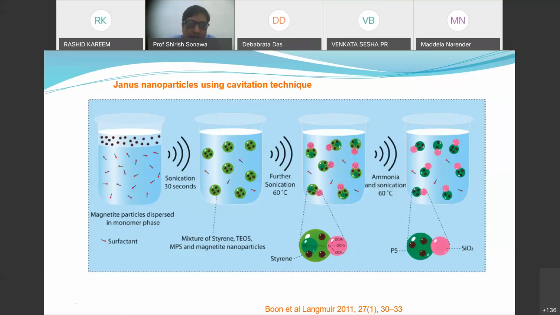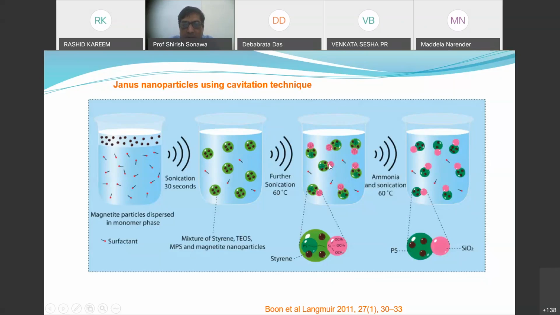Later we can add the silicon oxide, or TEOS, as we can say. So this is then a mixture of styrene, TEOS, silane, MPS, and magnetic nanoparticles. After this, we can carry out the sonication. So polymerization is going to start inside your polymer latex.